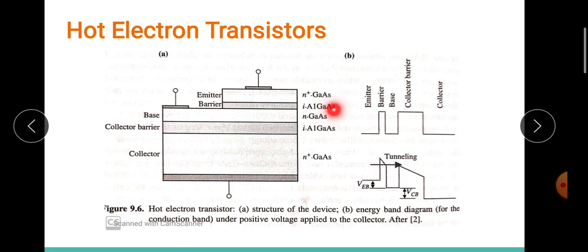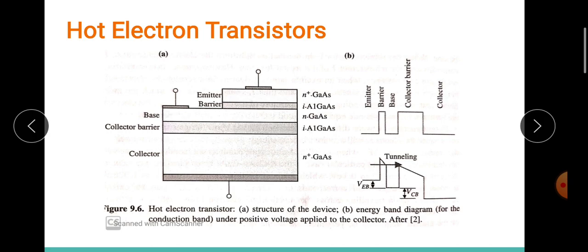Right below it we have an intrinsic aluminum gallium arsenide barrier whose thickness is very small, in the range of about 50 angstrom. See, angstrom is 10 raised to minus 10 meters, which is even smaller than the nanometer range, which means the barrier is very thin, just to provide a slight isolation, right?